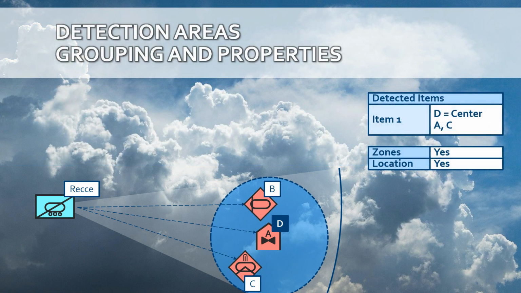And this is reflected here. In this example, there would only be one detected item, which is this little parameter here. It would have D as the center, and it would have unit B and C, that's a typo. Unit B and C would be part of item 1. This kind of detection method has zones, so you can have a zone parameter in there, and it allows you to specify where is the center of the detected item.